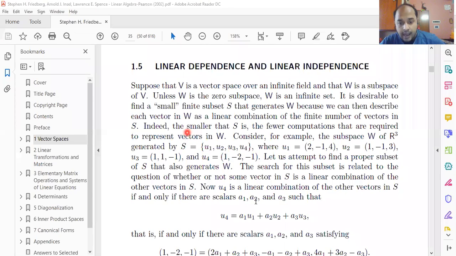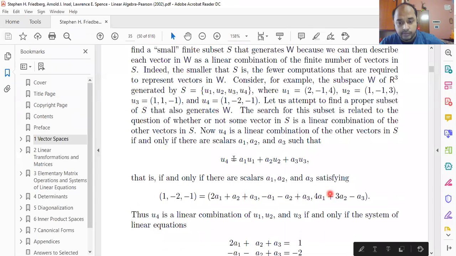After that they have done some mathematical calculations, which you can do by yourself.